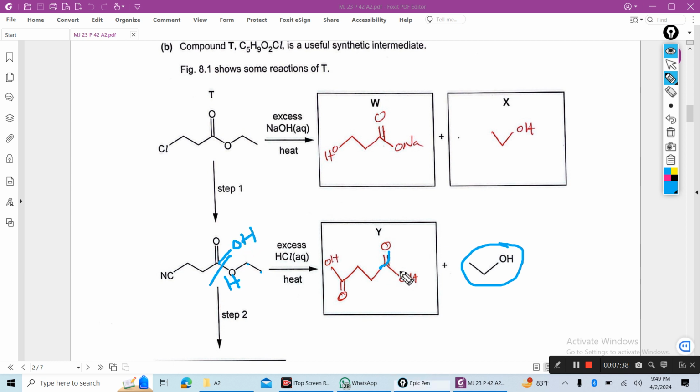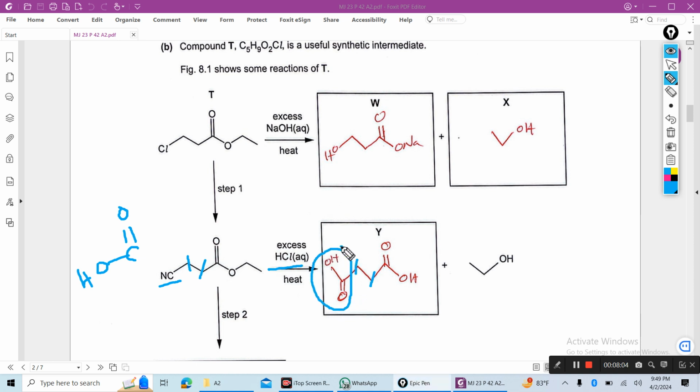So carbon-oxygen double bond, also OH, carboxylic acid. Then CH2, CH2 same, and CN is converted to a carboxyl group also. The cyanide or nitrile compound on acid hydrolysis is converted to COOH, carboxylic acid. So here two groups react. One is the ester reaction, the other is the nitrile compound hydrolyzed to produce carboxylic acid.